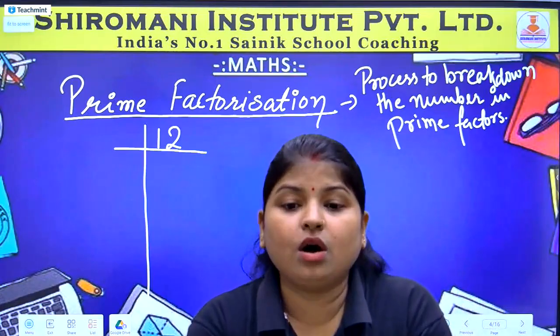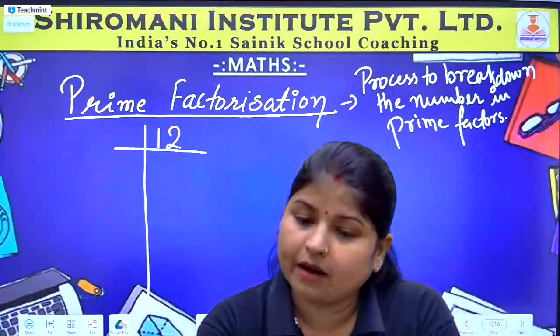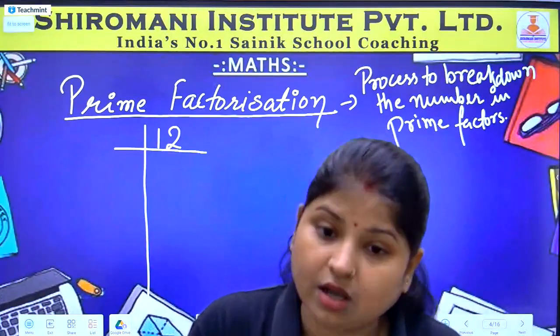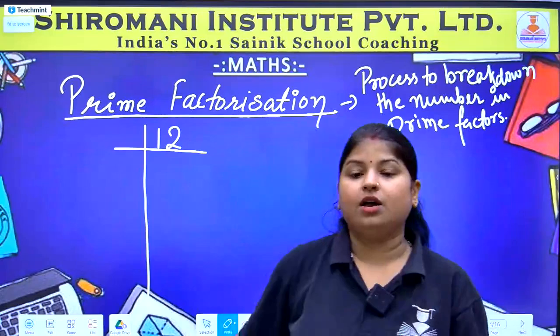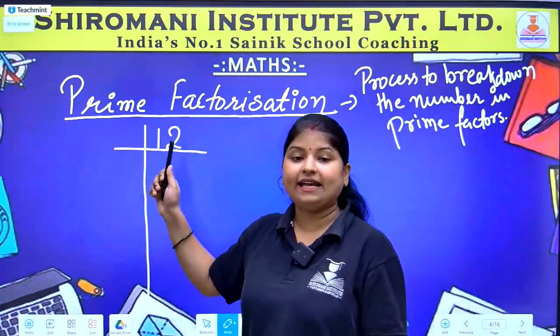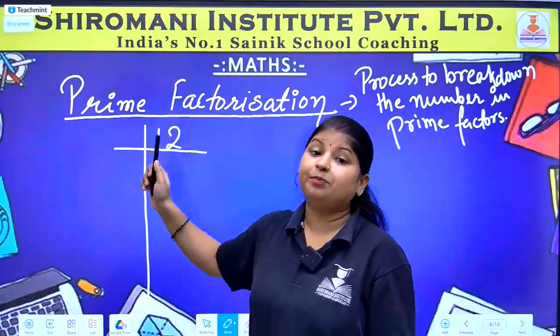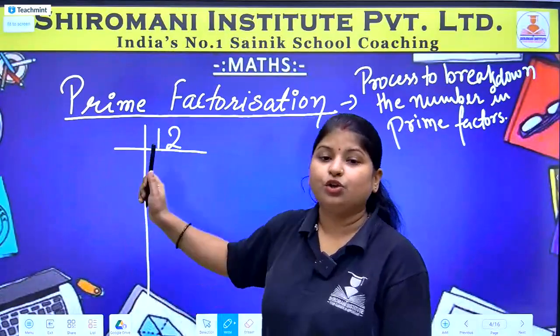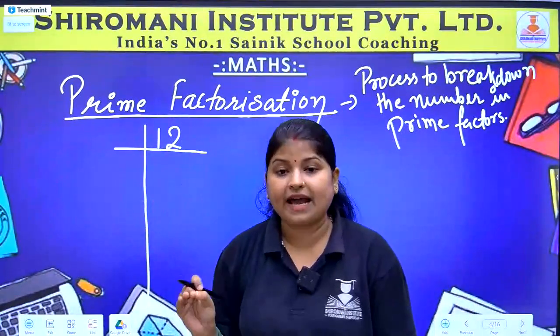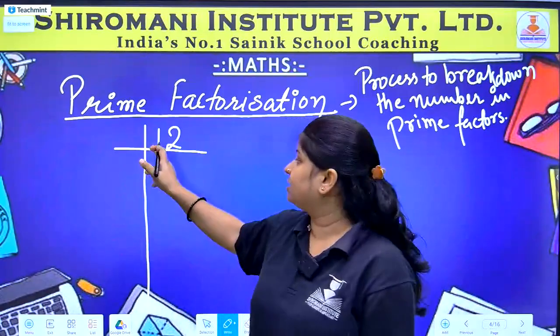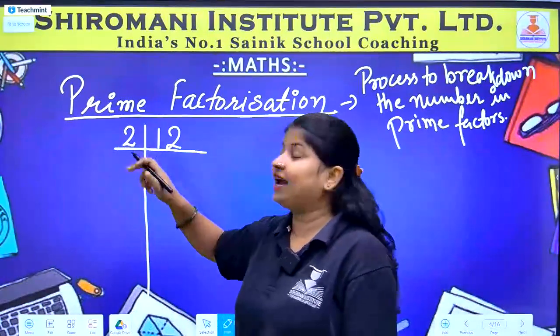We will always go for a number which is smaller. Whenever you divide any number in prime factorization, you have to divide that number by the smallest prime factor. So this 12, I shall divide it by 2.